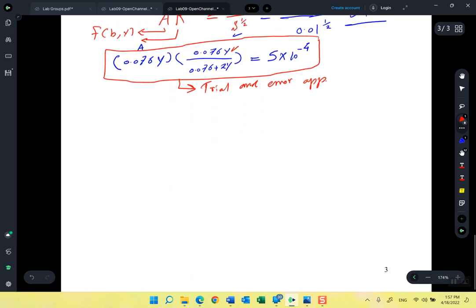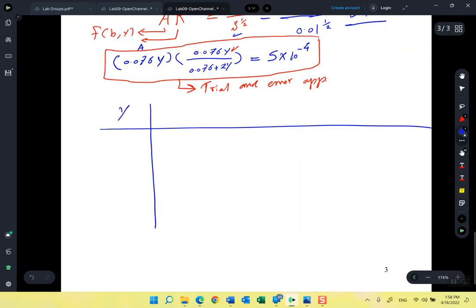In the trial and error approach, what you are actually doing is you assume a certain value for y, you check your assumption, you compare two results, and if the two results are equal, this means that your assumption is true. So let's do this. Here I will assume different values for y.